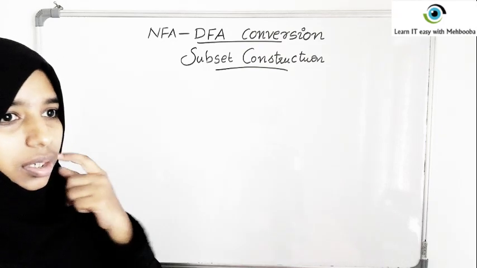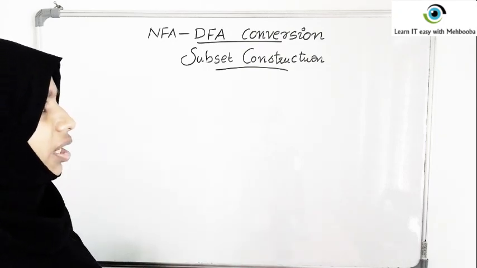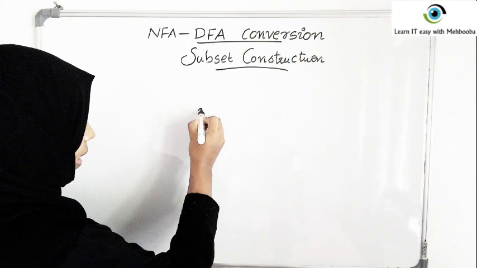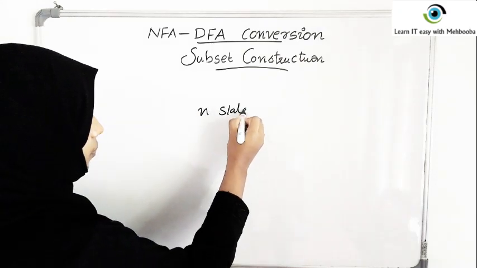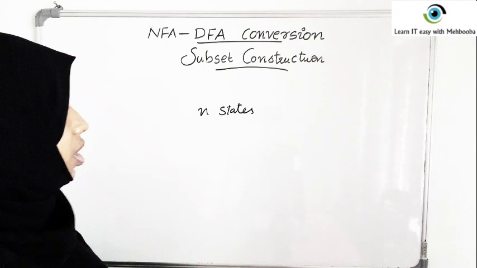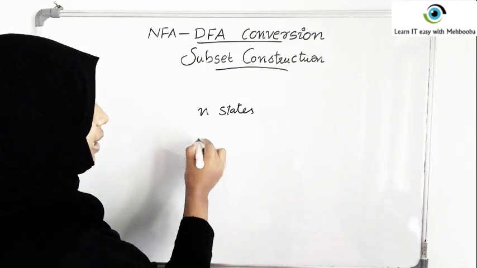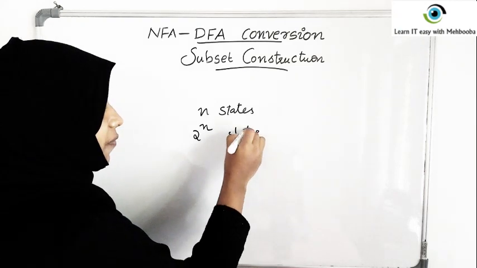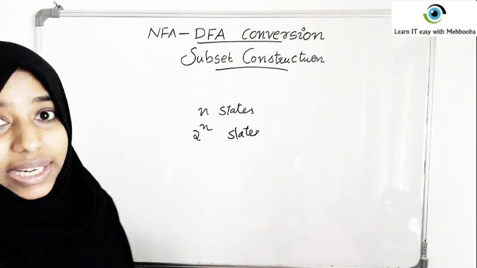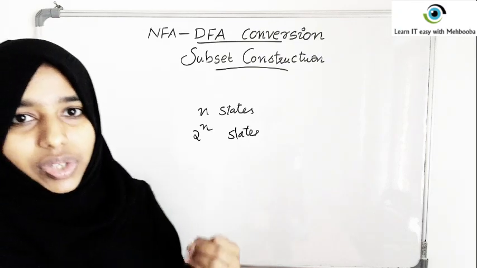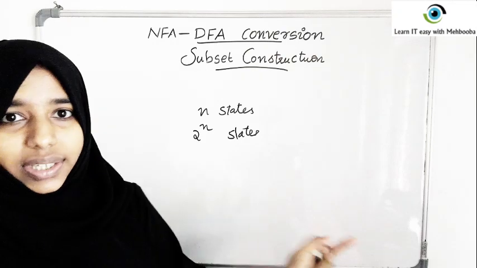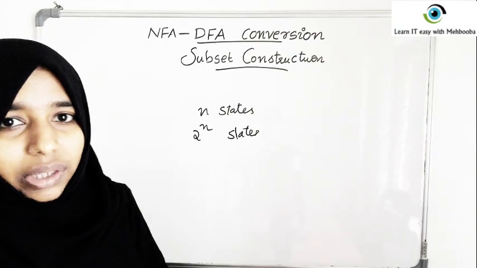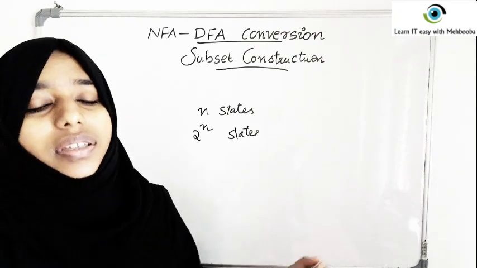If a minimal NFA for some language contains just n states, in the worst case its corresponding DFA can have even 2 raised to n states, meaning that drawing a DFA will be a bit difficult in some cases.